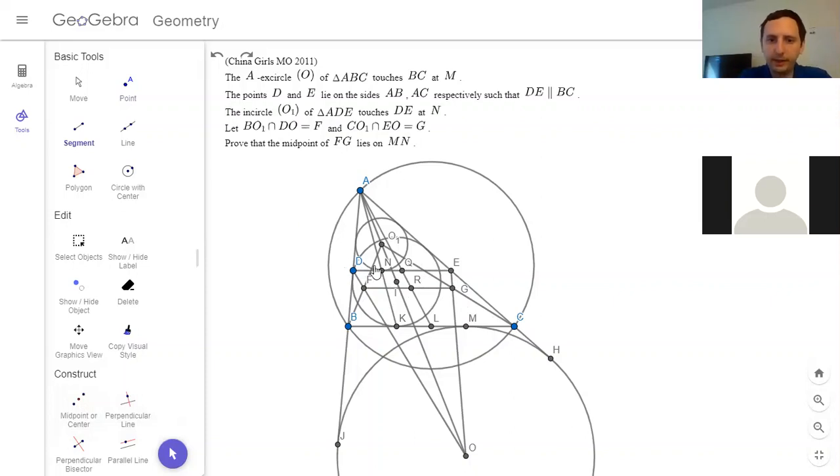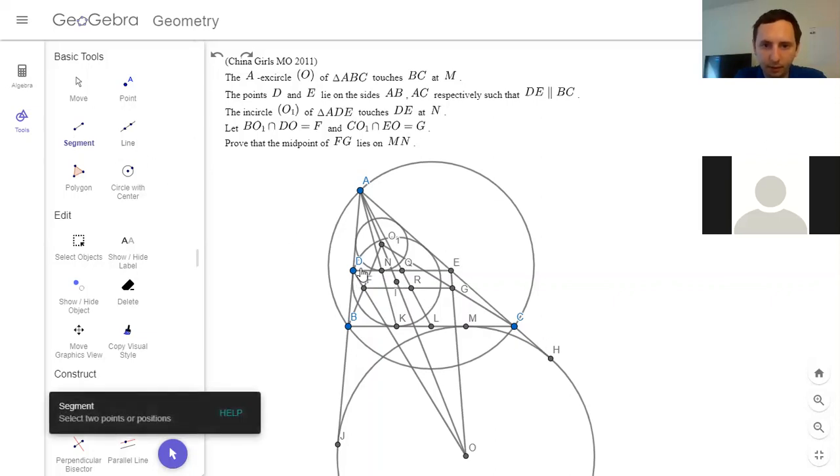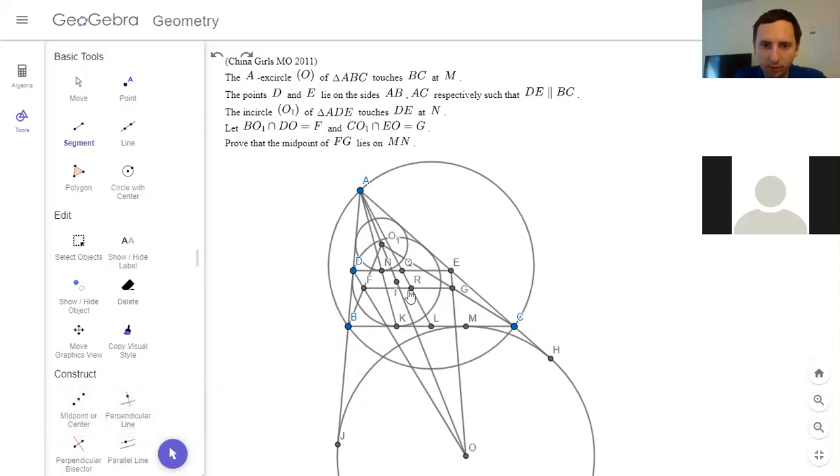But we have DN over NE is CM over MB. Basically, DN over NE is CM over MB.